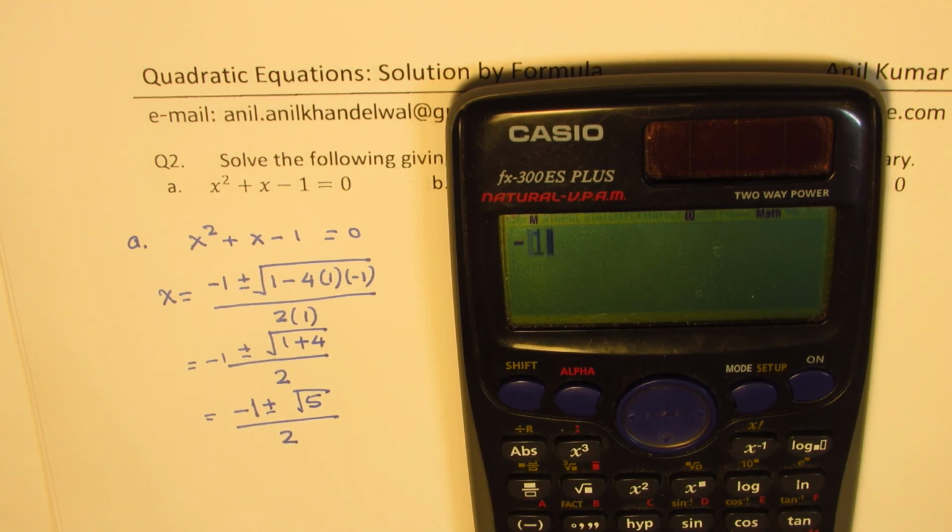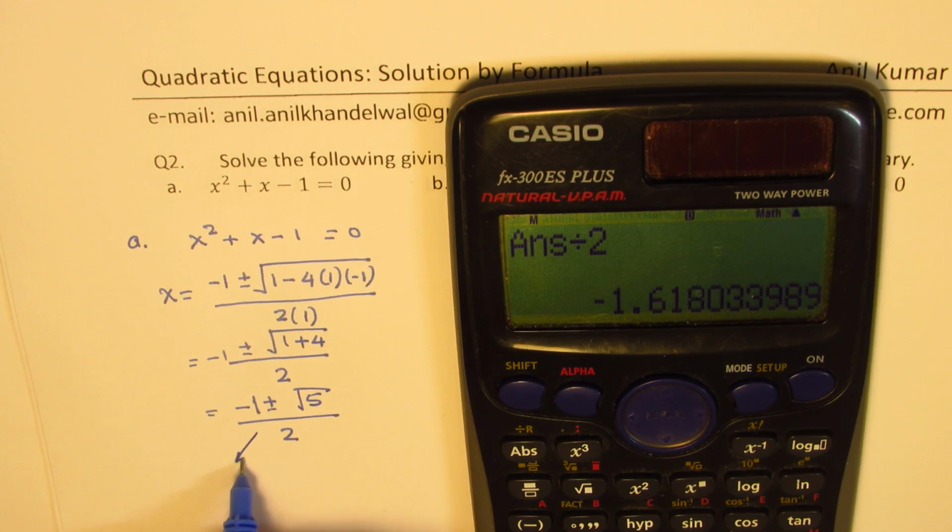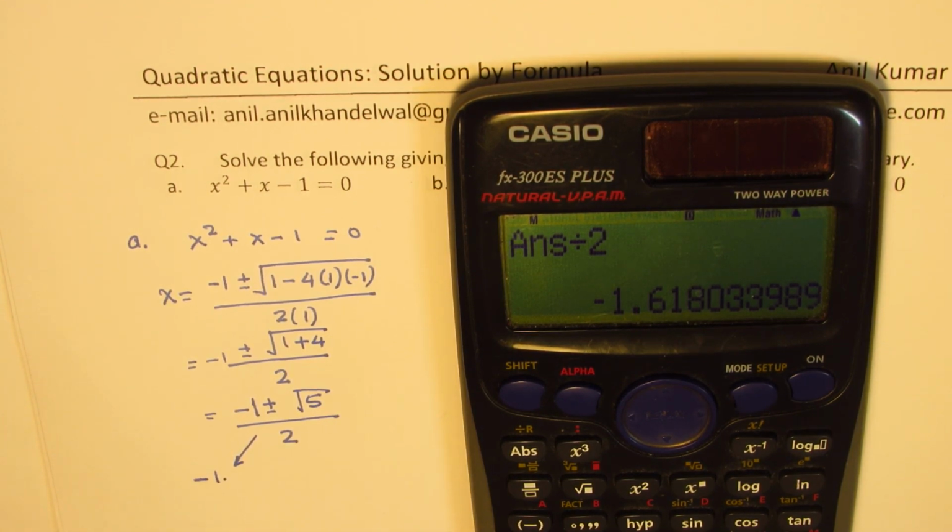So we have negative 1 negative square root of 5, and we are going to divide this by 2 and write the decimal equivalent, which is, so one of the answers for this is minus 1.618, which can be rounded to minus 1.62.